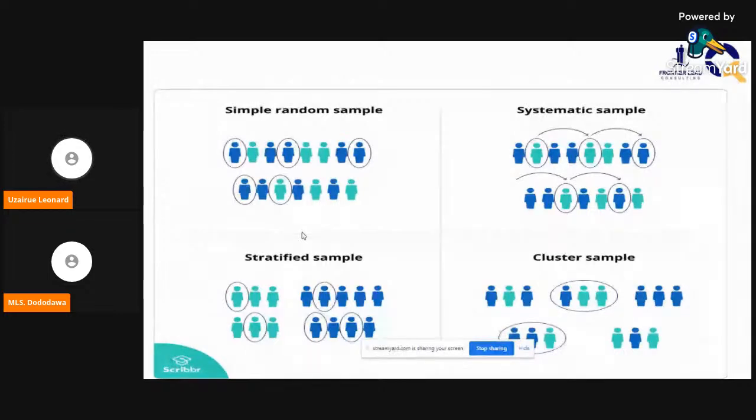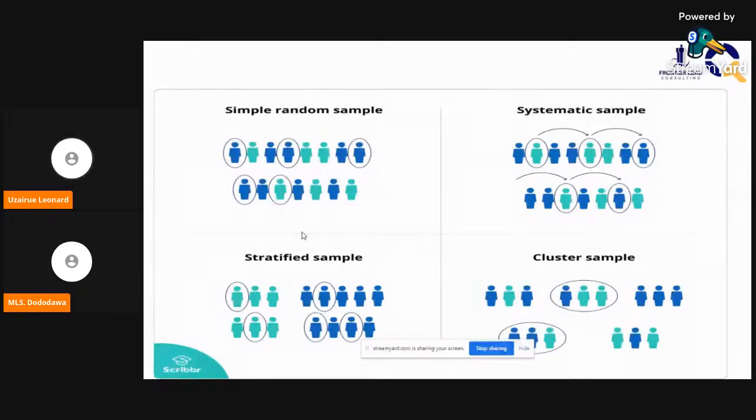So it means that within stratified sampling, you still apply random sampling. Even in systematic sampling and in stratified sampling, you employ simple random sampling.